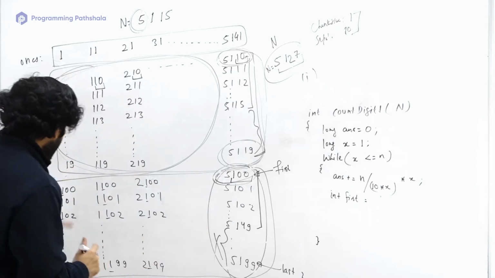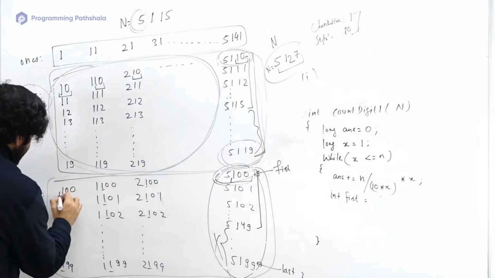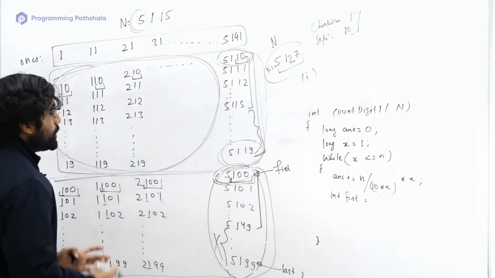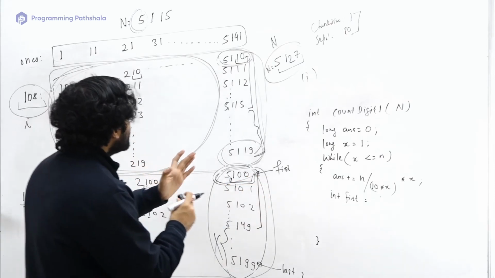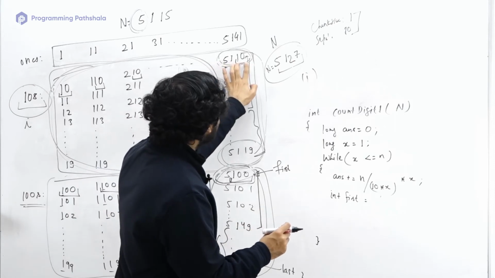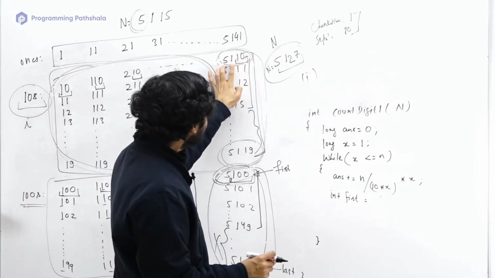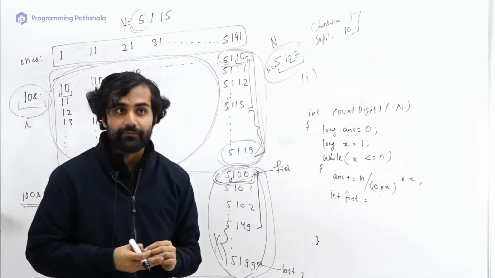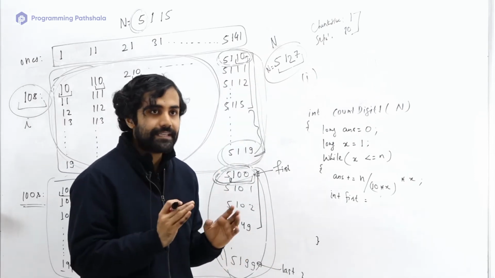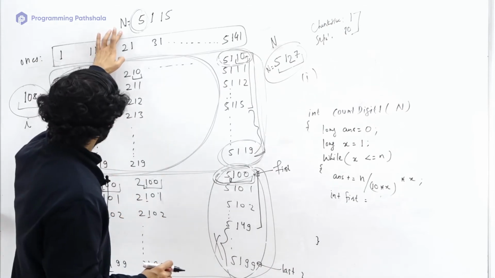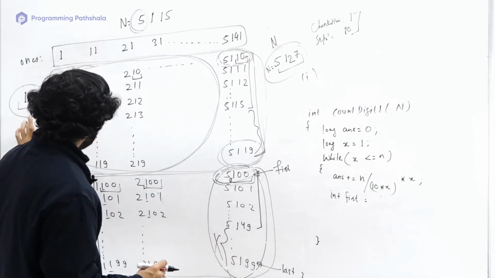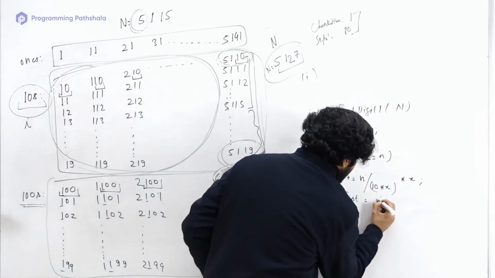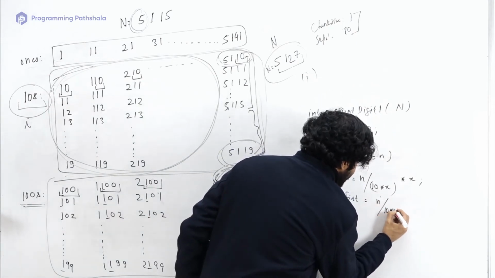The first element everywhere here has its last three digits as 100. So you would want to get 51 followed by 2 zeros. If you get 51 followed by 2 zeros, then you can easily add 10 to it and make it equal to 5110. So what I am saying is that you will divide n by 10 into this particular place value. So that is like doing n upon 10 into x.